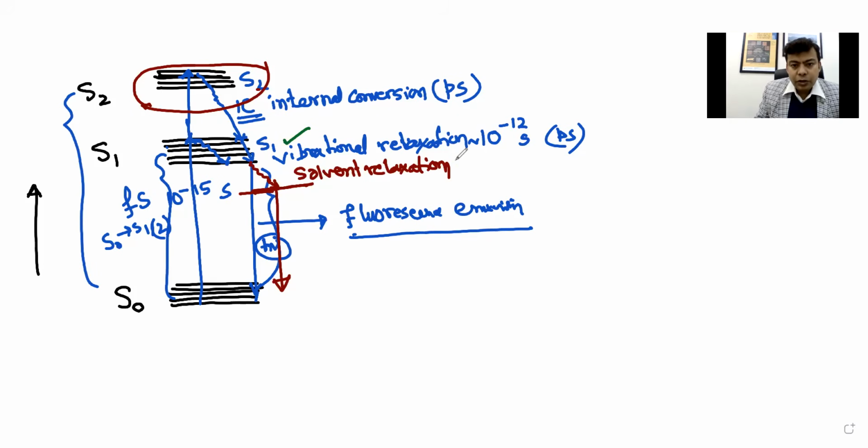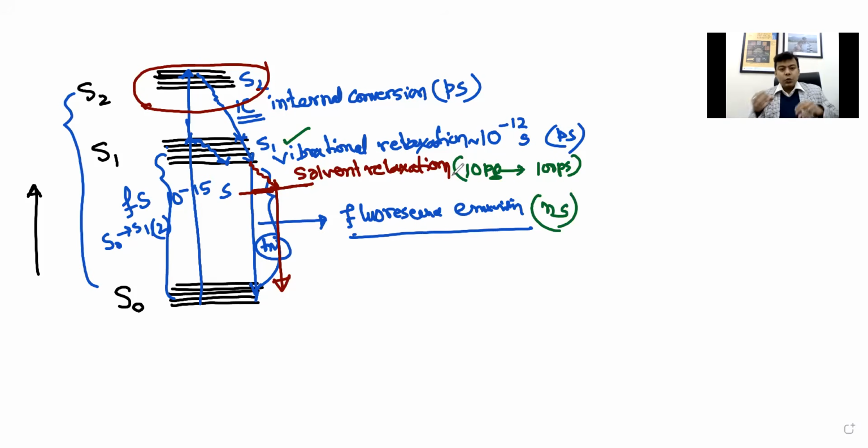Then solvent relaxation, which occurs on the tens of picoseconds, even up to hundreds of picoseconds, depending on how organized the solvent molecules are, or water molecules in case of water as solvent. So it can be on the picosecond to tens of picosecond time scale. And then you have fluorescence emission, which occurs on the nanosecond time scale.